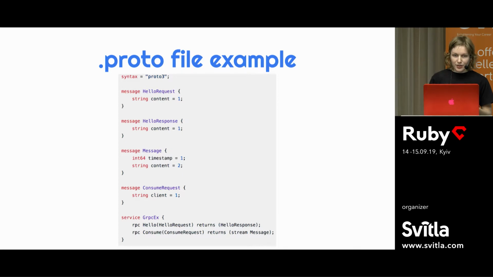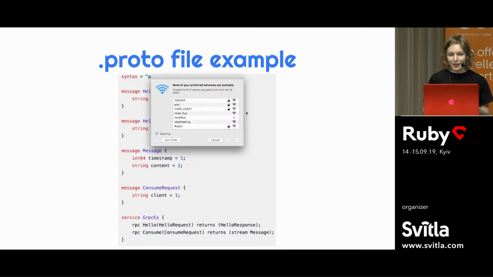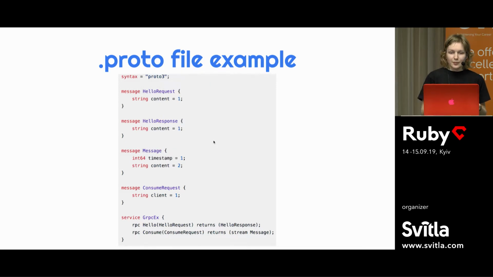Within a message, you can see that it contains the field type, then the field name and the unique field identifier, a unique numeric identifier. Within the message, this identifier should be unique, because deep inside, Protobuf does not operate by names, but rather by these unique identifiers.